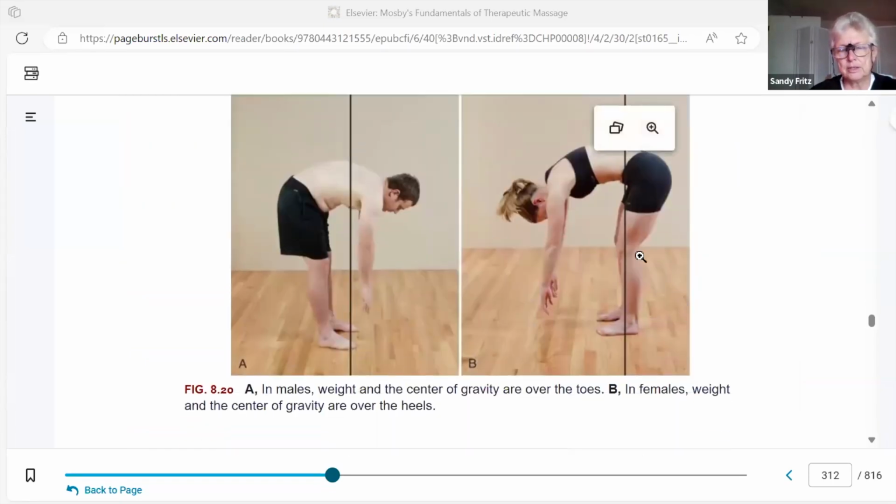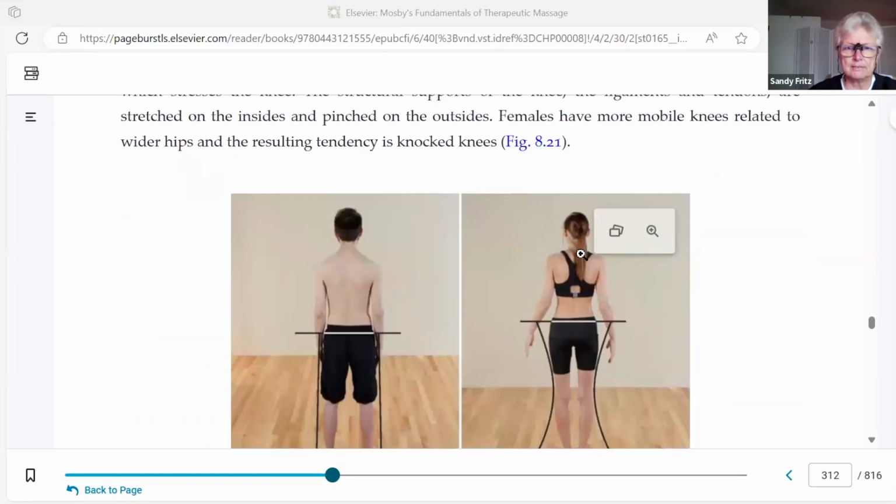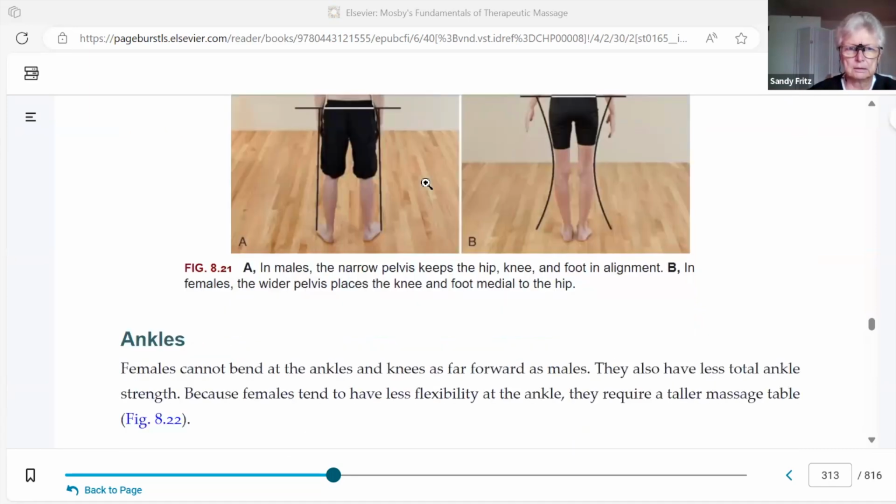And this is continuing to talk about the differences in a gender comparison of where the center of gravity falls. Same with the pelvis and the knee. Generally, the pelvis is wider in a female, and then the knees come in, whereas with a generic male, the knees are right under the hip socket.